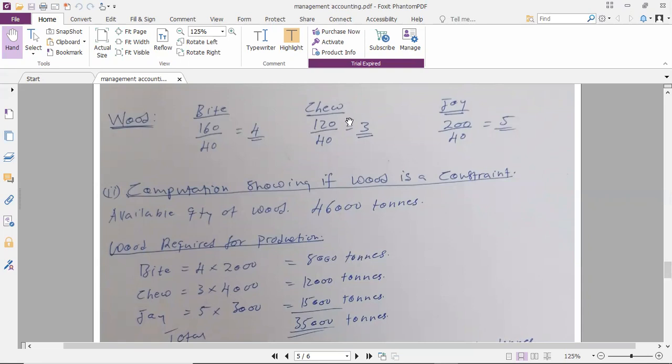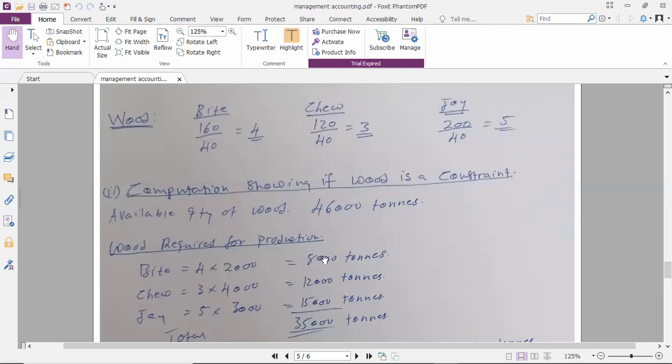Chew, if you want to produce chew, you need 3 units of wood to produce 1 chew. And if you want to produce 4,000 units in a month, then 3 by the 4,000 should give you the total tons you need. The same thing applies to joy.